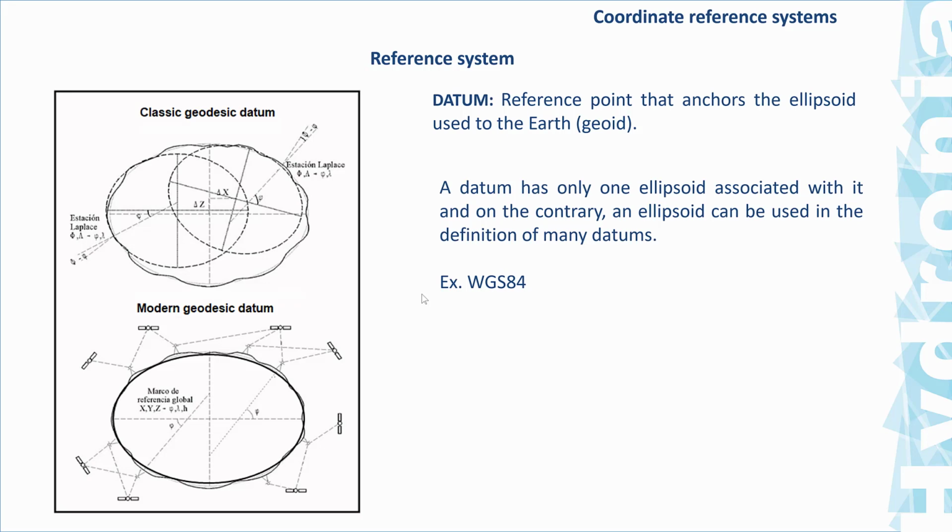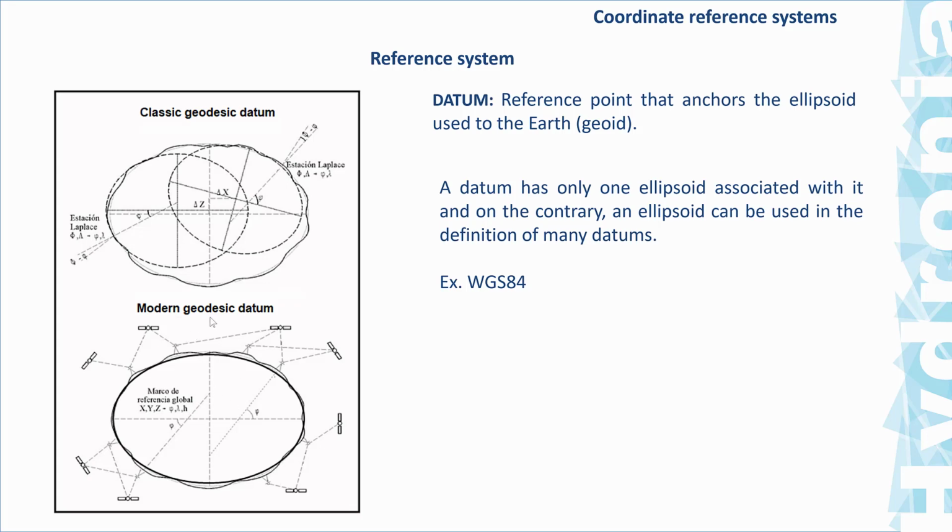So if you look at the graphs on the left, you would see two approaches to the datum. The classic datum is more adapted to the different areas on the Earth because it changes from area to area, so it's not an absolute datum for everywhere.